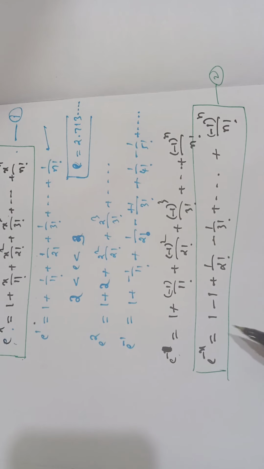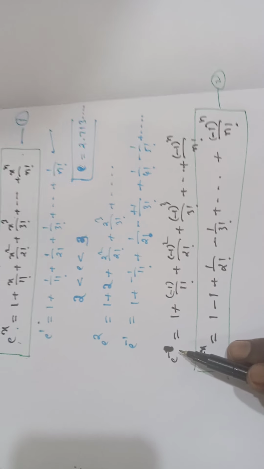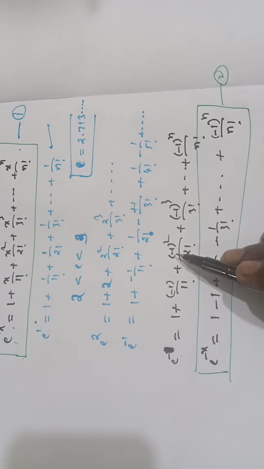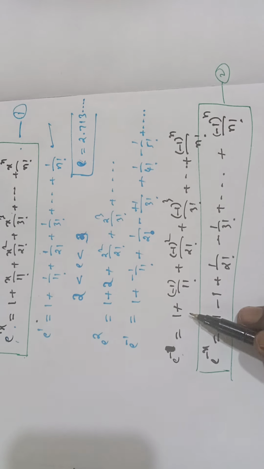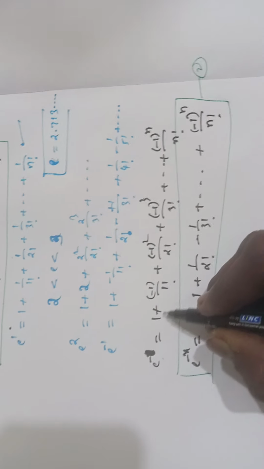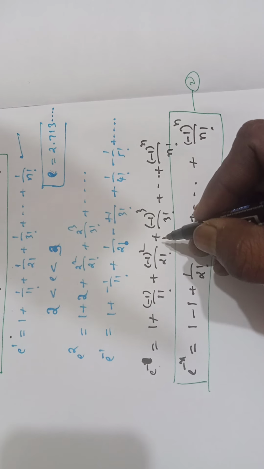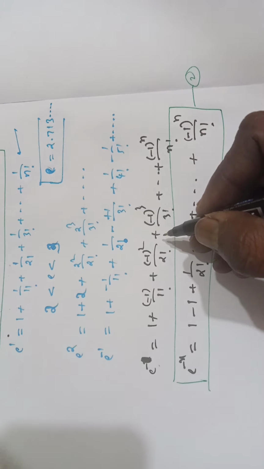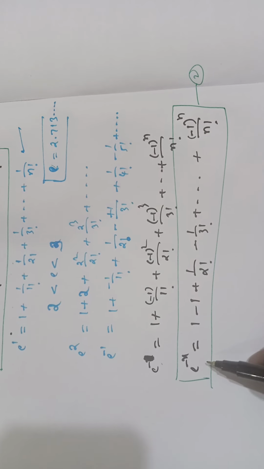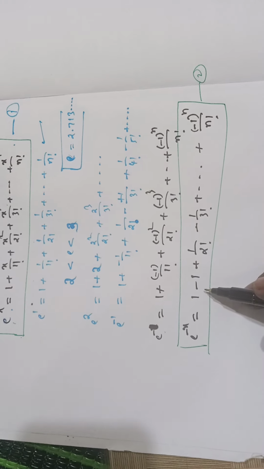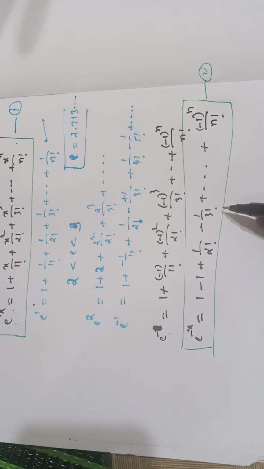We forgot to mention e to the power of minus 1, and it's correct only. In the next step we can write: this value will come 1 minus 1 plus 1 by 2 factorial minus 1 by 3 factorial, so on. And e to the power of minus x, it is the correct one only.